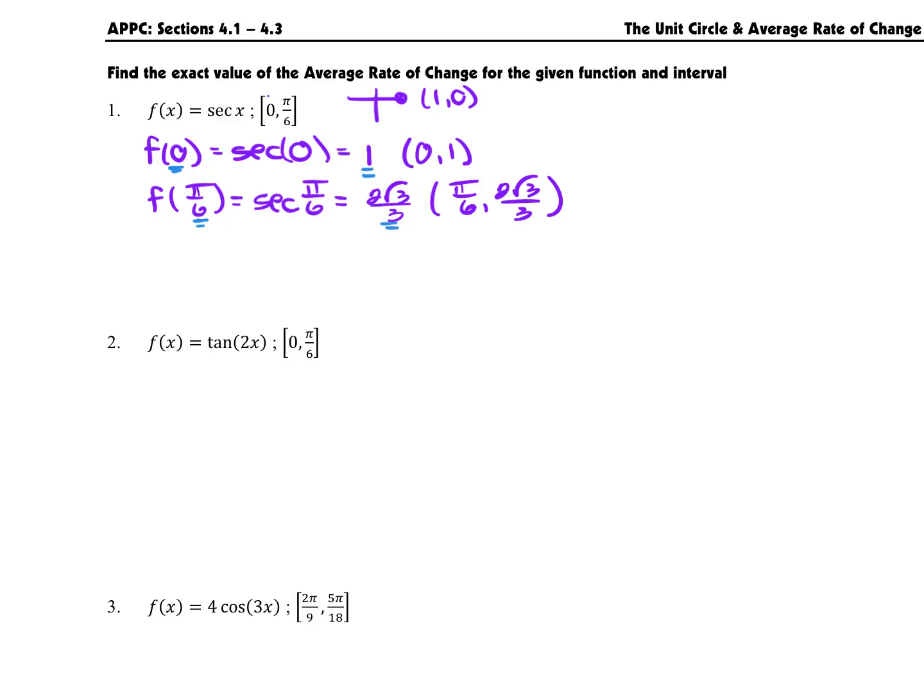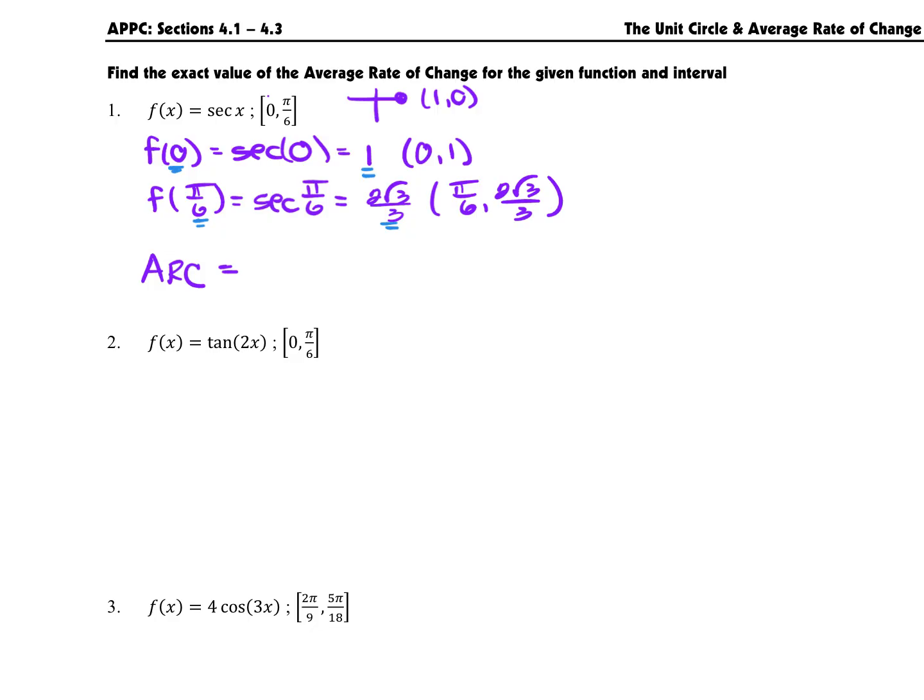Now we're going to find our average rate of change between these 2 points. Remember, all calculations have to be labeled. So I'm going to write ARC. You could write ROC for just rate of change. You could even write an M and I would be happy, but you got to label it somehow. Now, we're going to start our subtraction.